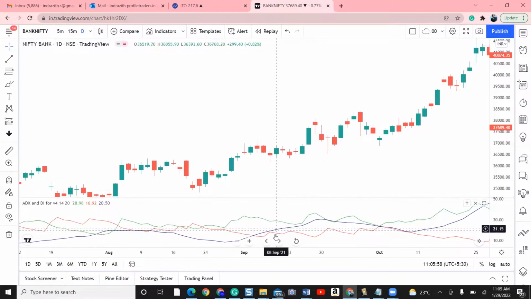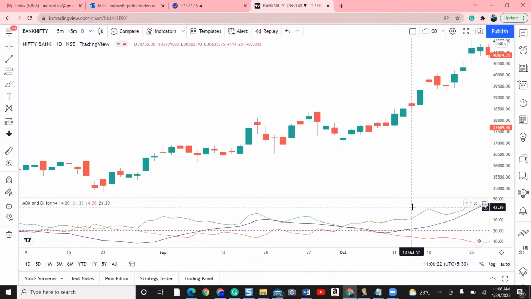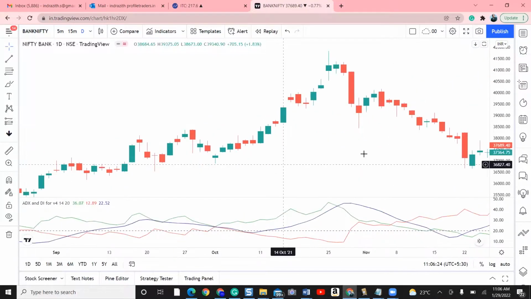But the moment it started trending upside, the ADX level came above 20 and it stayed above 20, except for this little period of consolidation. And if you see very clearly, this green line, which means the plus DI line, is above the negative DI line, isn't it? So this is how we can use ADX.